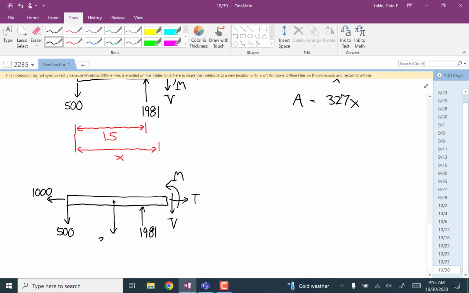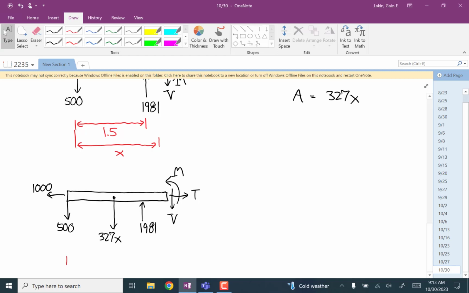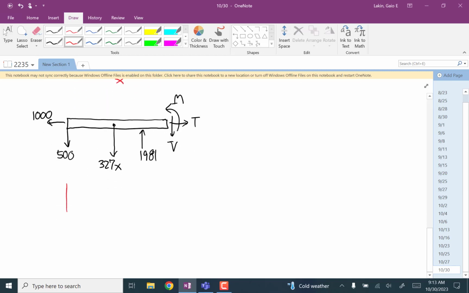That's a downward force of 327x. And the distance is, this is X over 2. This is 1.5. And this is X.